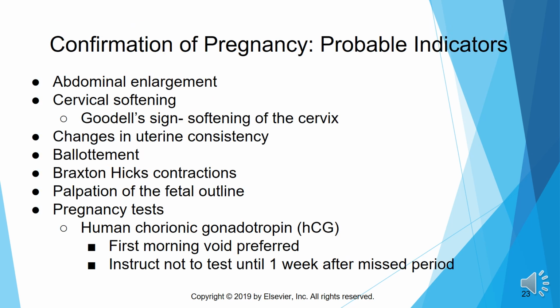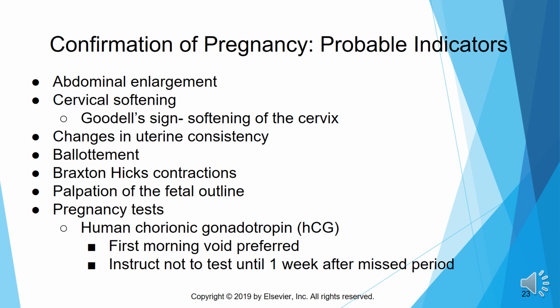Probable indicators, so you're probably pregnant, okay? So if you have abdominal enlargement, however, it could be the cheeseburgers. Again, we need to make sure that we confirm our pregnancy in a little bit more thorough way. Cervical softening, please circle star smiley that. You need to know the definition of Goodell's sign, and that is a softening of the cervix.